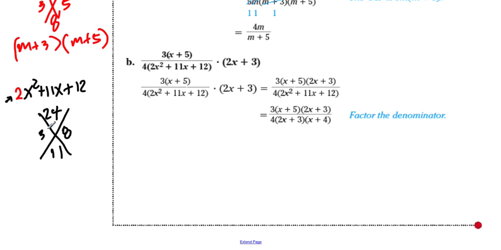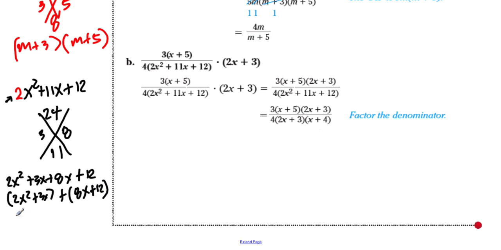So we will rename 11x as 3x and 8x. So this now becomes 2x squared plus 3x plus 8x plus 12. And we group them.